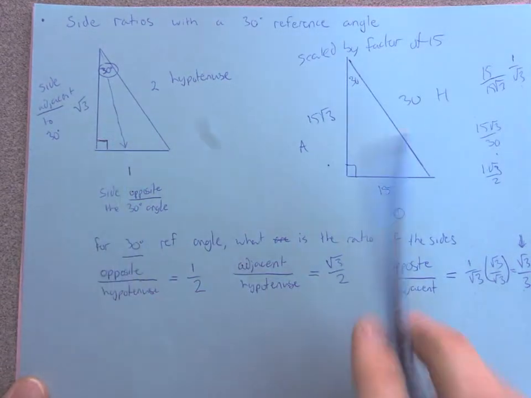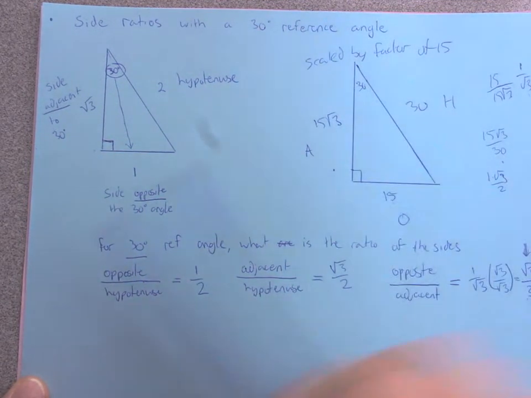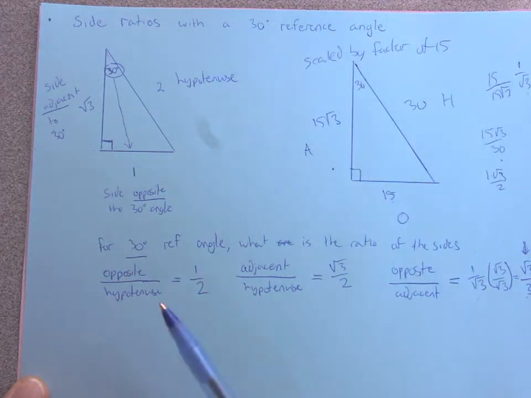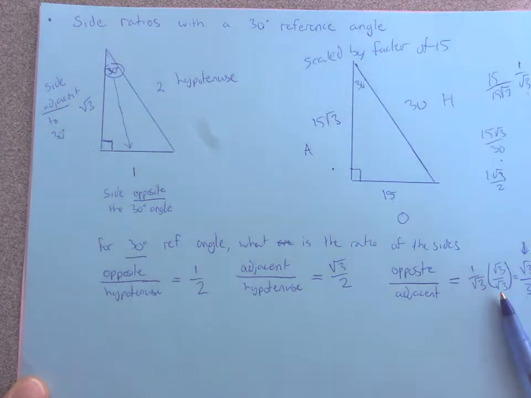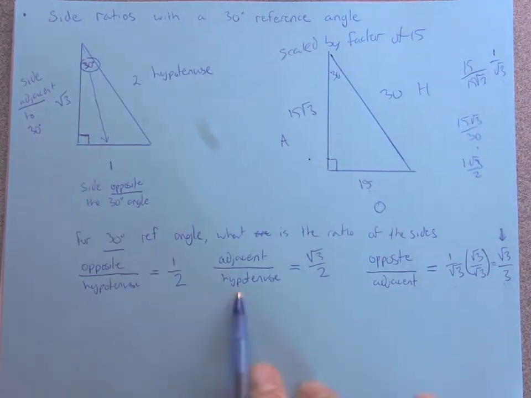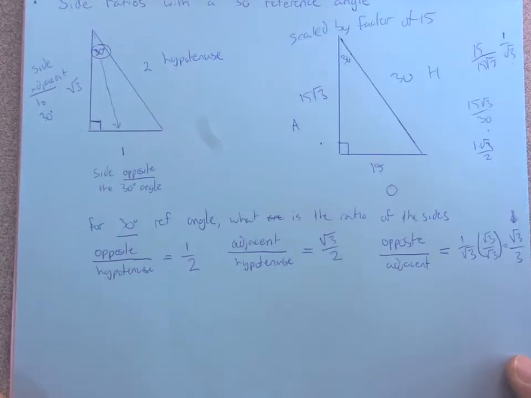For every 30-60-90, the ratio of the sides are going to be the same. If I blow this triangle up and I'm looking at a 30-degree reference angle, the ratio of sides for that 30-degree reference angle will always be the same. There's actually a special name for these ratios, which is going to be our next piece here.